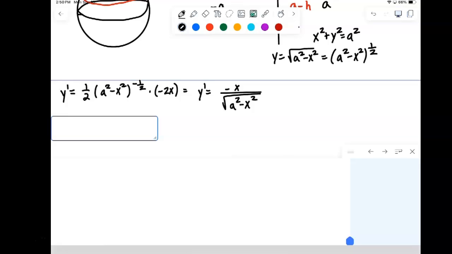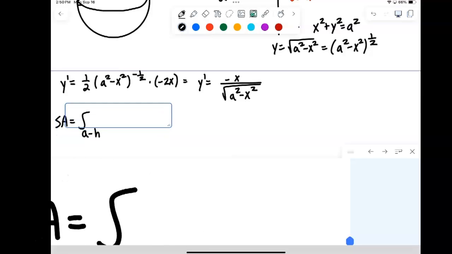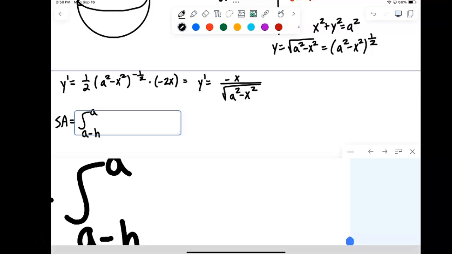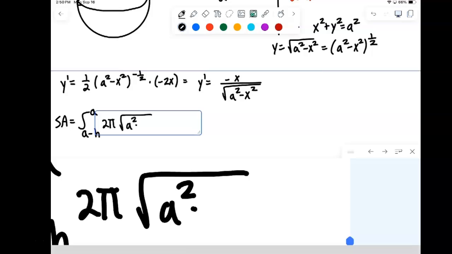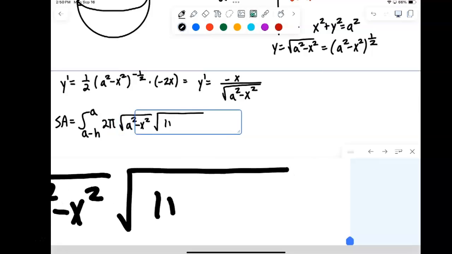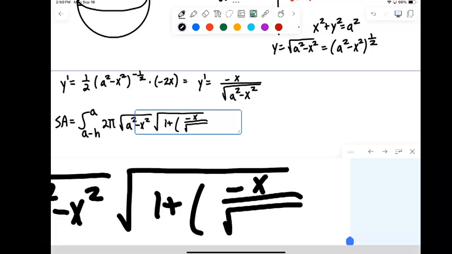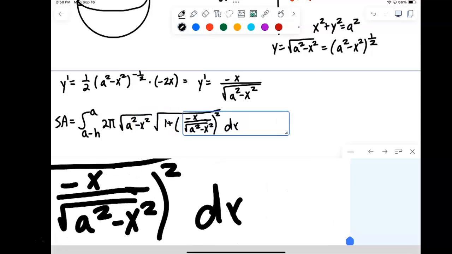Okay, so now we're ready to take a look at our surface area. Surface area is going to be the integral in this case from a minus h to a of 2 pi times our function, square root of a squared minus x squared, times the square root of 1 plus my derivative squared, dx.